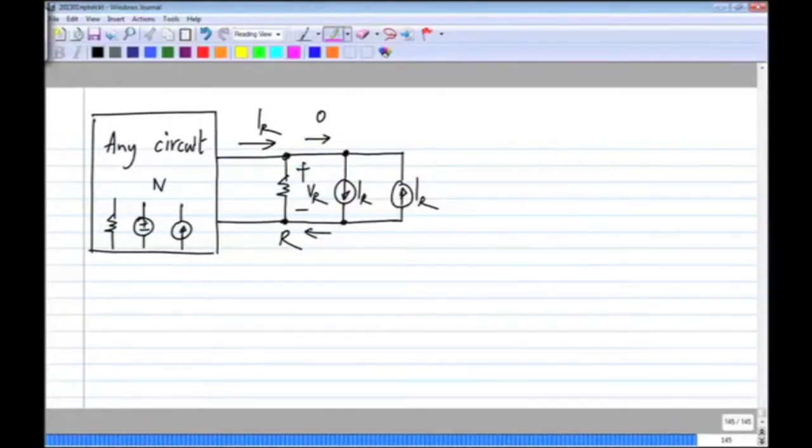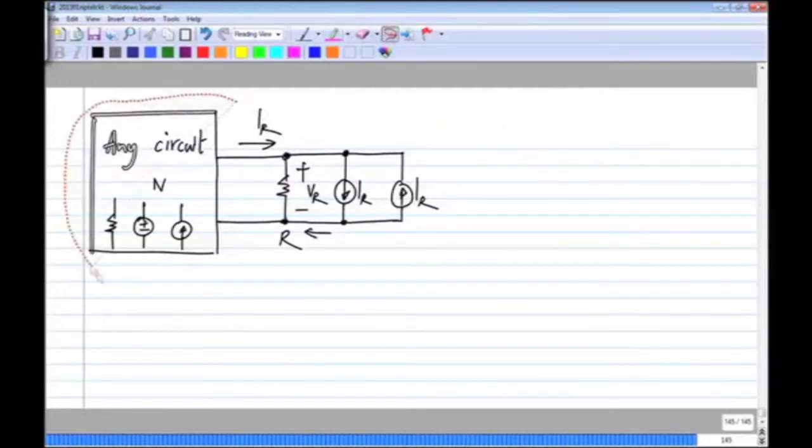All I did was there is nothing connected here, and that nothing I represented as a parallel combination of two equal current sources in opposite direction. The value of each current source I took to be the current flowing in the resistor.